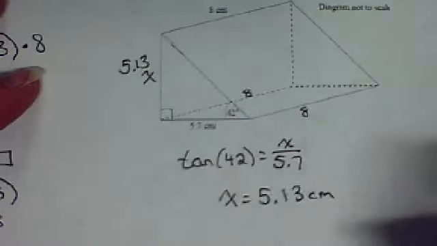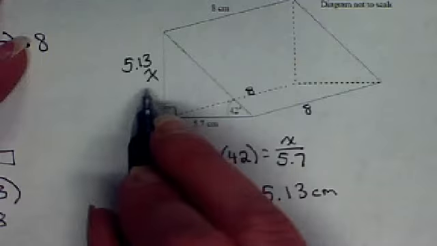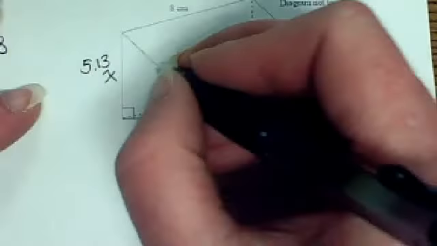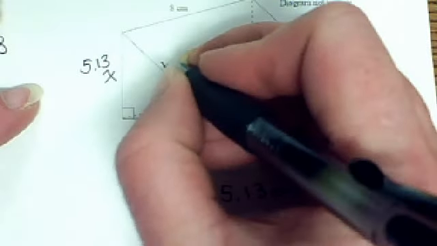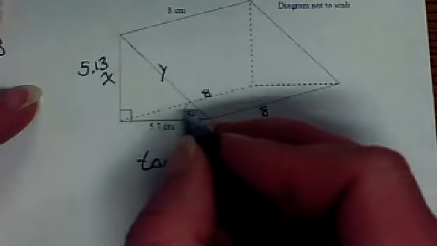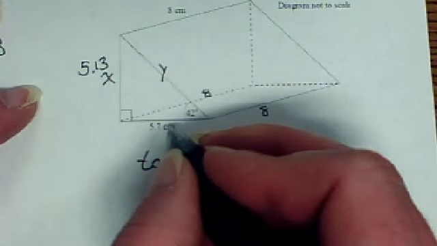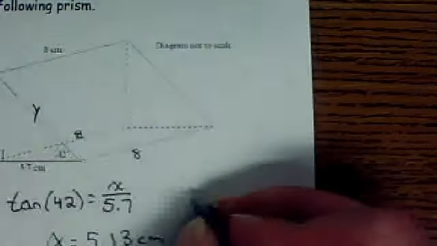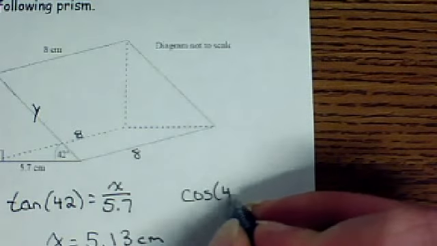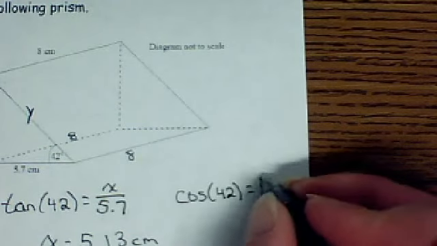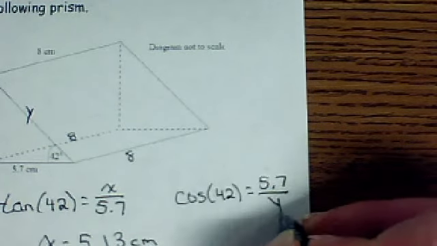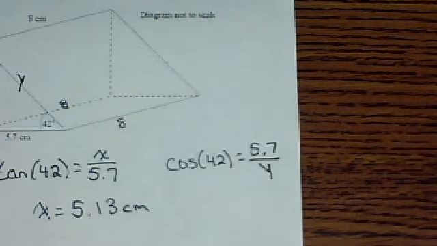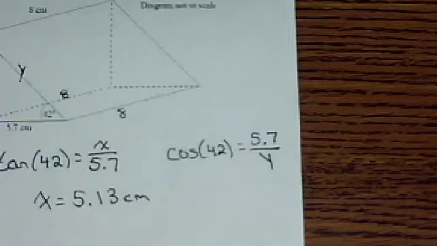So you have two ways to get there. You could do Pythagorean theorem, or I like the idea of doing some SOHCAHTOA. I know proof positive that my adjacent's correct. I'm trying to find the hypotenuse. That would be cosine. Now, if somebody would be willing in the class to go ahead and do it by Pythagorean theorem, so that way we can kind of check our answers, that'd be awesome.